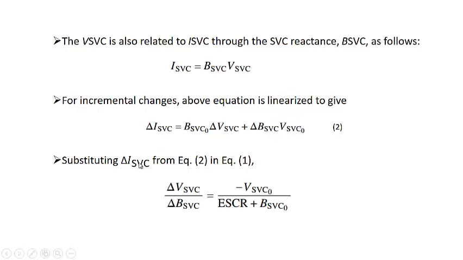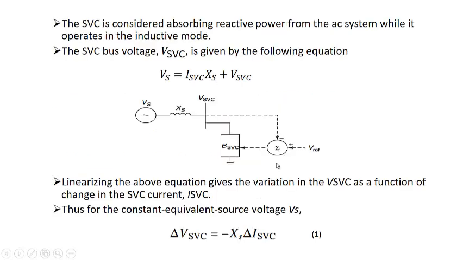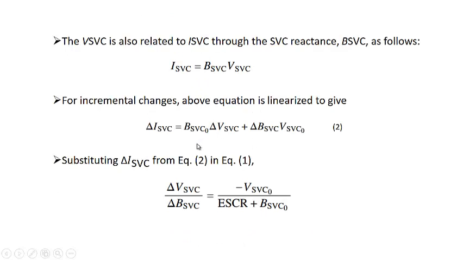So substituting delta ISVC from this equation into this equation, here delta VSVC is equal to minus XS multiplied by BSVC naught into delta VSVC plus delta BSVC into VSVC naught.